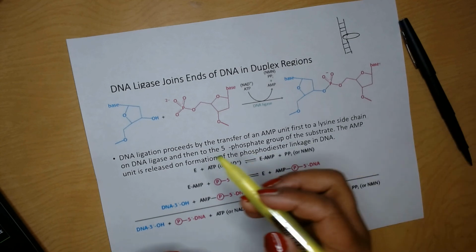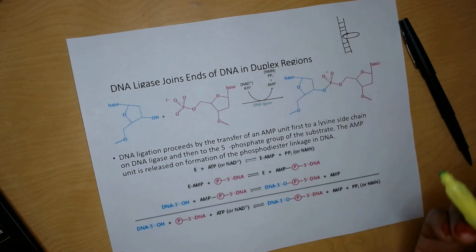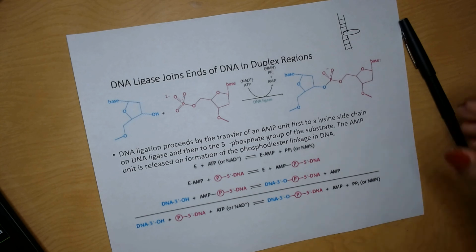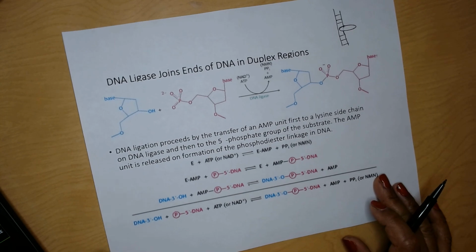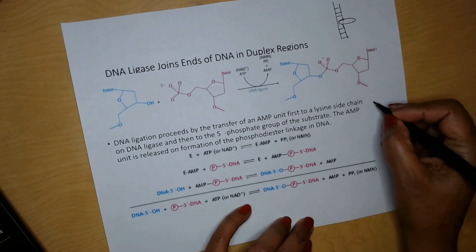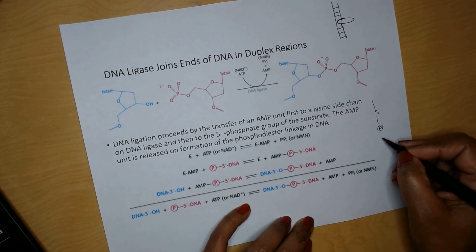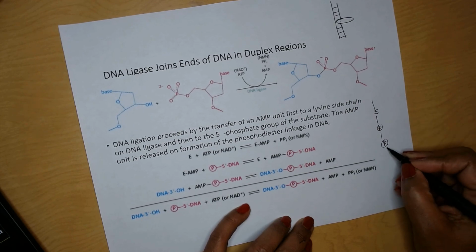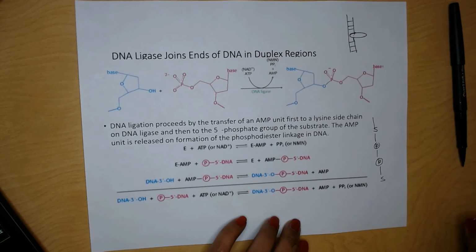It's only making one bond, this phosphodiester bond, and for that it is going to be assisted by an enzyme that temporarily creates, instead of just a sugar phosphodiester bond, a diphosphate, and then later on it's going to be broken into the right kind.